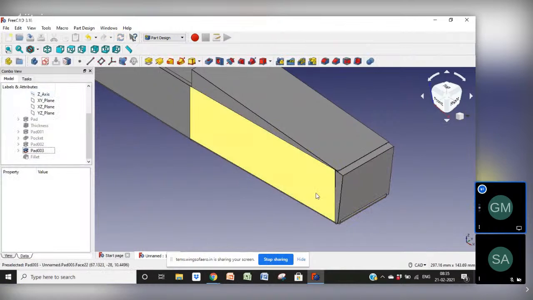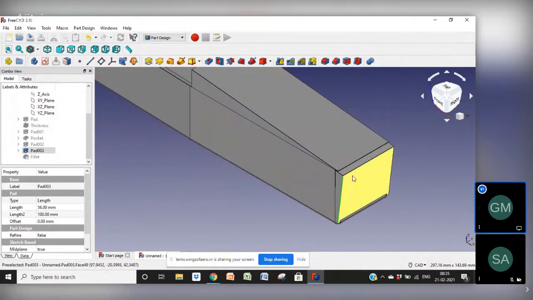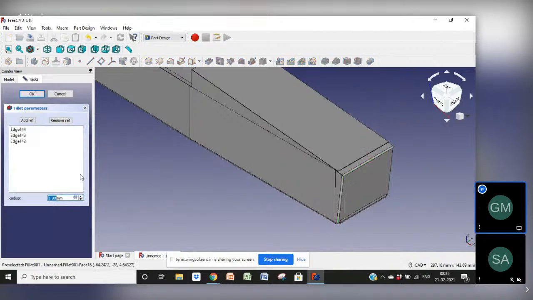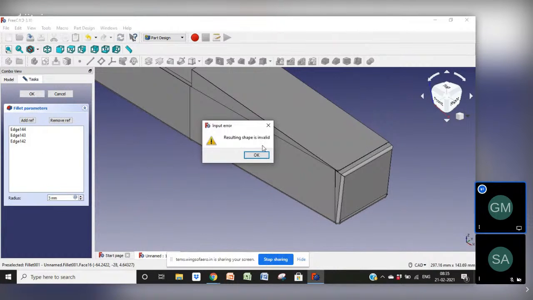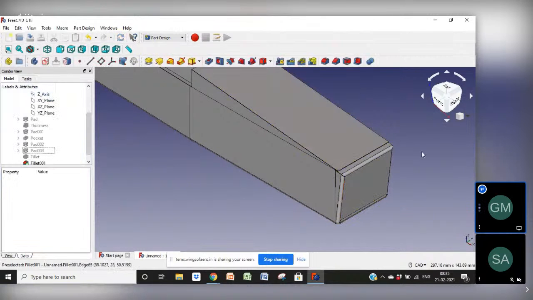Okay, now it is fine. Here I can now give it. This would be enough. 2 mm. Yeah, 2 mm is enough.